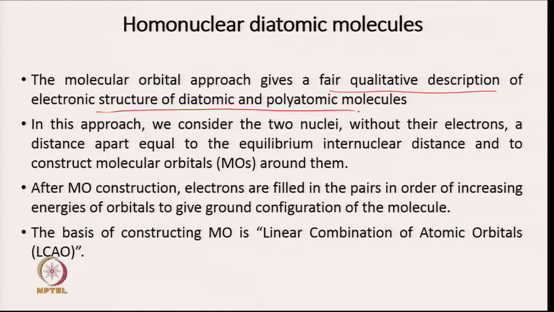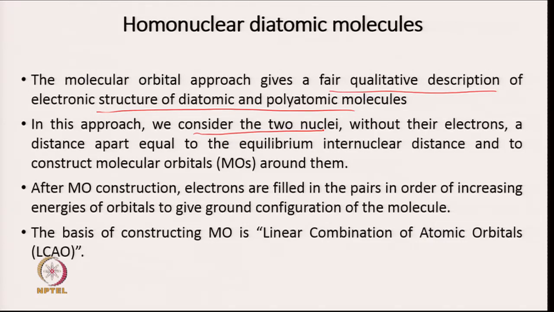In this approach, what do we consider? We consider two nuclei, without their electrons, a distance apart equal to the equilibrium internuclear distance, and we construct molecular orbitals around them.